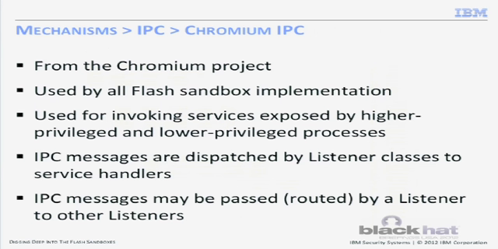This is the second IPC implementation. Chromium IPC is originally from the Chromium project and also used by all Flash Sandbox implementations. In an endpoint of a Chromium IPC connection, there are listener classes which handle the dispatching of the IPC message.